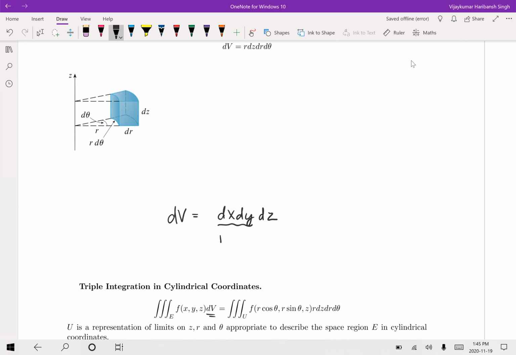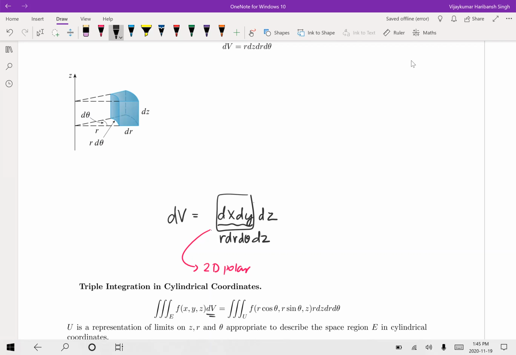And this can be changed as r dr d theta, if you consider this in 2D polar. You get r dr d theta, and then you have dz. So this is how the volume element looks in cylindrical coordinates.